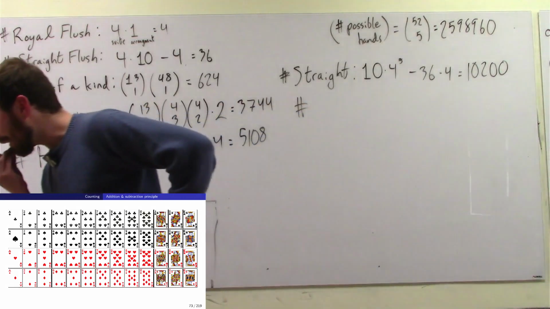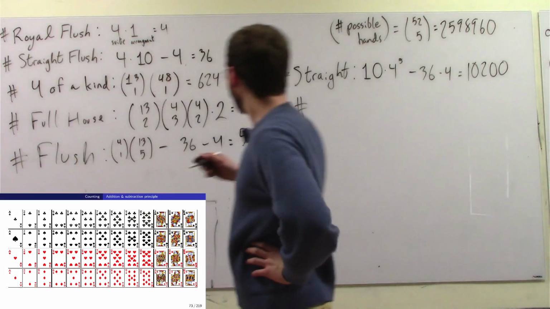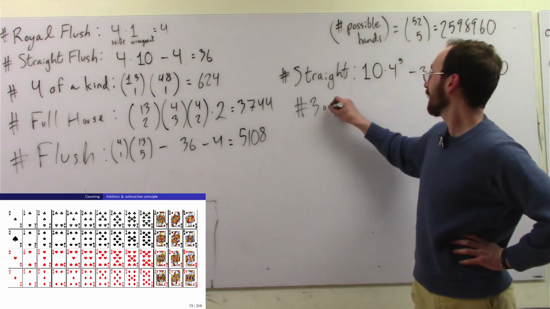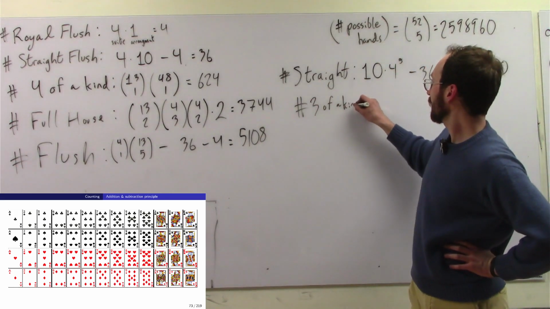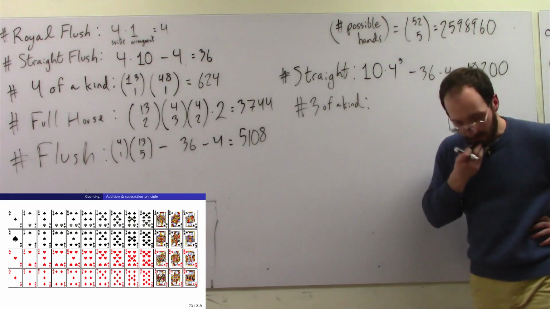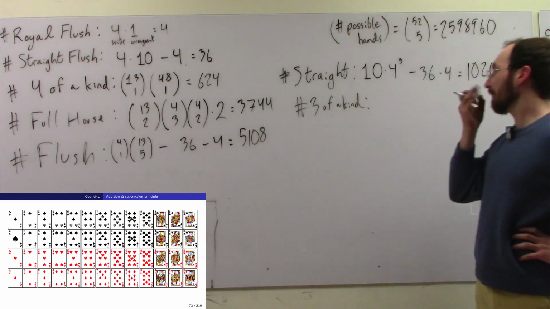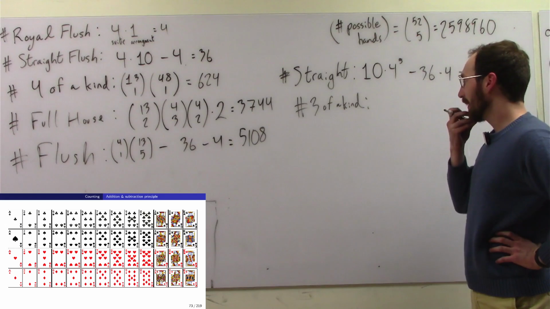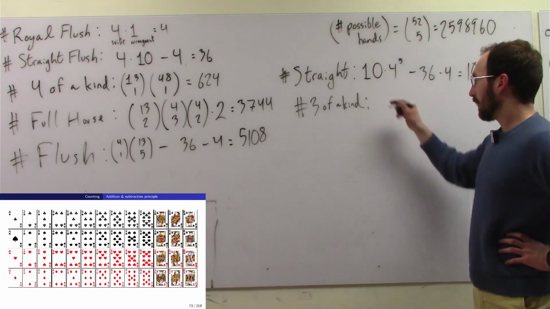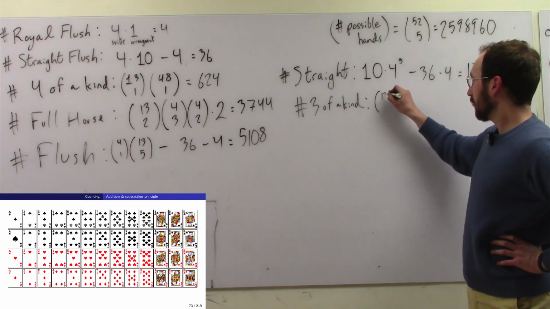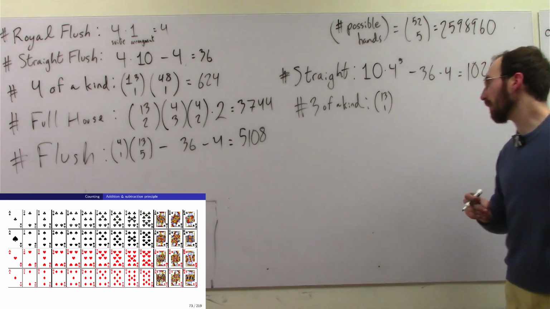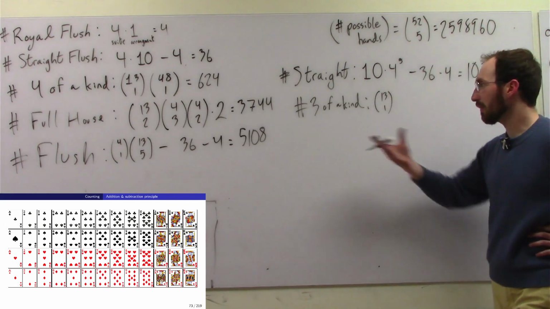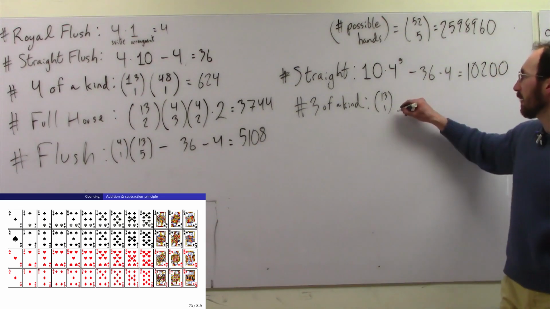We got ourselves 3 of a kind. Okay. So how do we do this one? We gotta pick our card. So let's choose it. So we have 13 ranks. We're going to choose one of them to be a 3 of a kind.